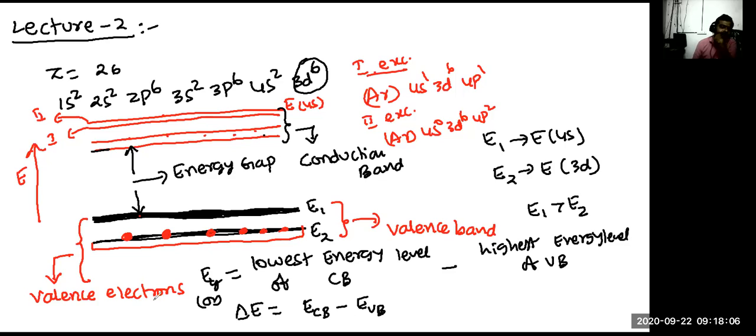Now, whenever we excite it, there will be some level at which, see, these two are from the 3d electrons. That means all the 6 electrons may be in conduction. As the number of valence electrons increases, the number of electrons in the conduction band increases, so more electrons will be in conduction.